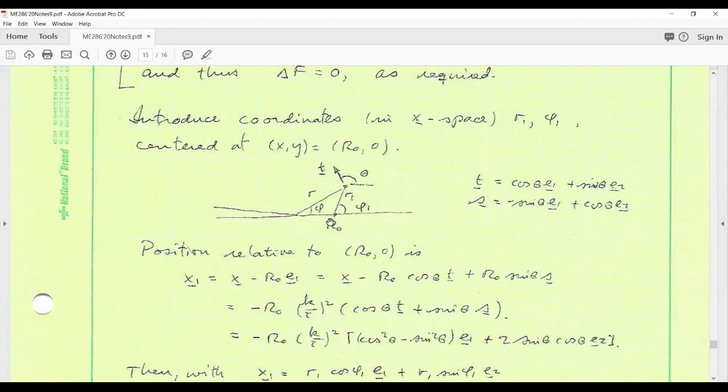And x1, which would be this vector, is that vector minus this vector, right? Because this vector is the sum of these two. And we have x then minus r0. I can decompose e1 into the ts basis, and you can confirm for yourselves that when you do that, you get e1 is cos theta t minus sine theta s, with the r0 in front.